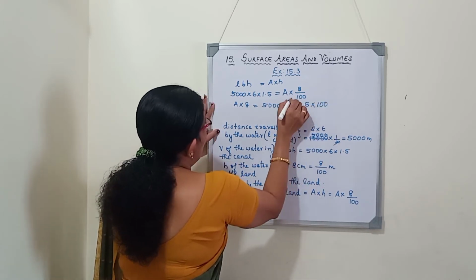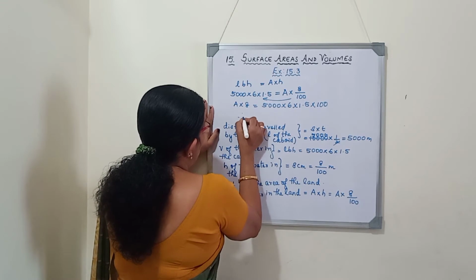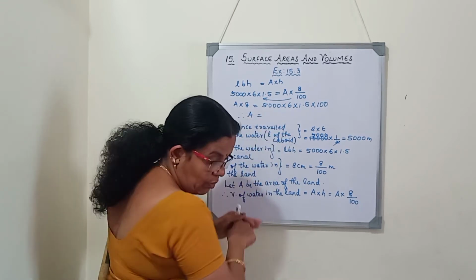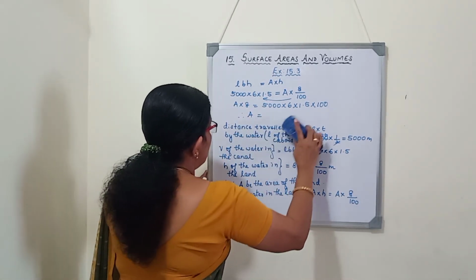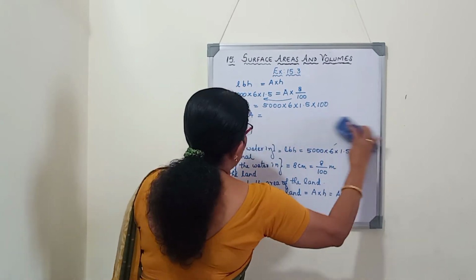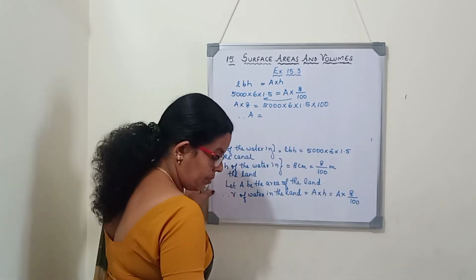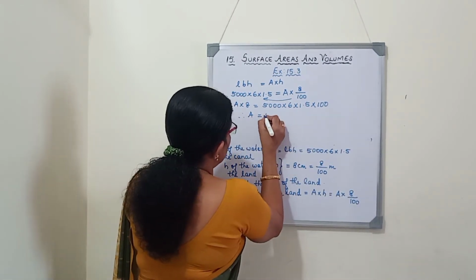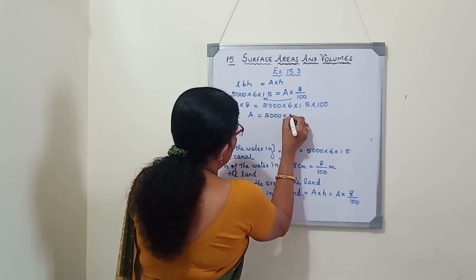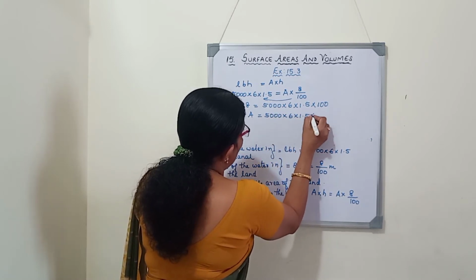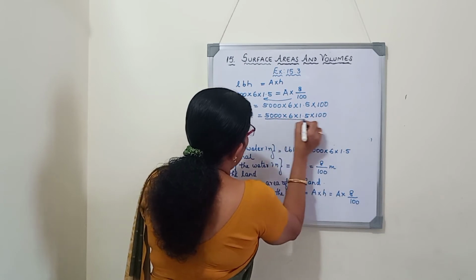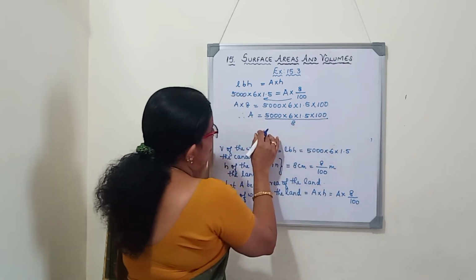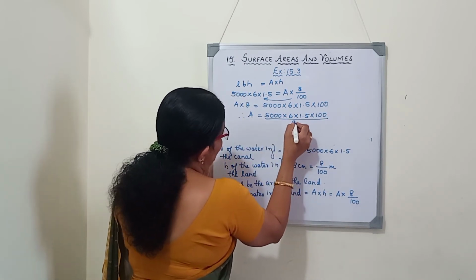This 100 will cross multiply. Therefore, area of the land A equals 5000 into 6 into 1.5 into 100 divided by 8.